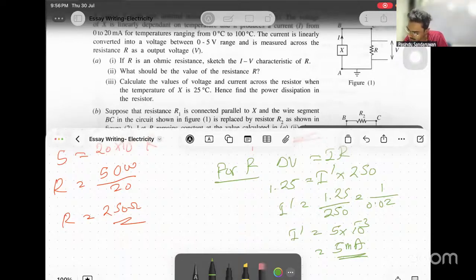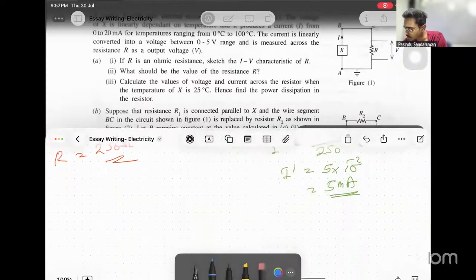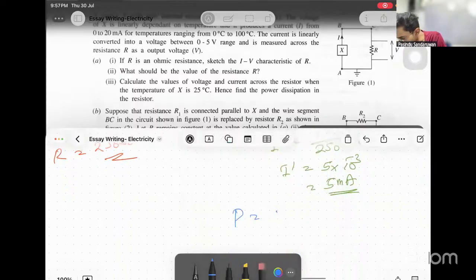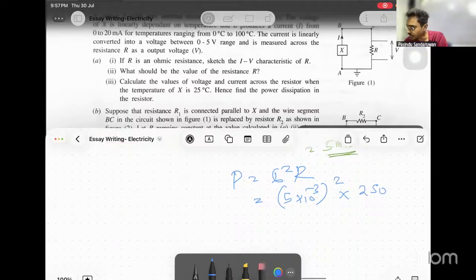And hence find the power dissipation in the resistor. Not over yet. The power dissipation of the resistor, if the current is known, is given by I squared R. I squared is 5 times 10 to the power minus 3 squared, and R is 250.